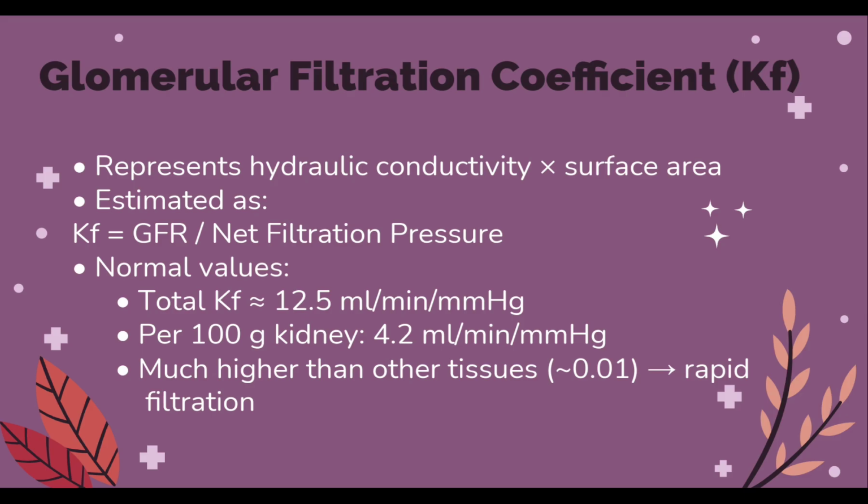Total glomerular filtration for both kidneys is usually about 125 milliliters per minute, and the net filtration pressure is 10 mmHg. Usually this value is 400 times as high as the Kf of most other capillary systems of the body, so this allows rapid filtration at the kidneys.